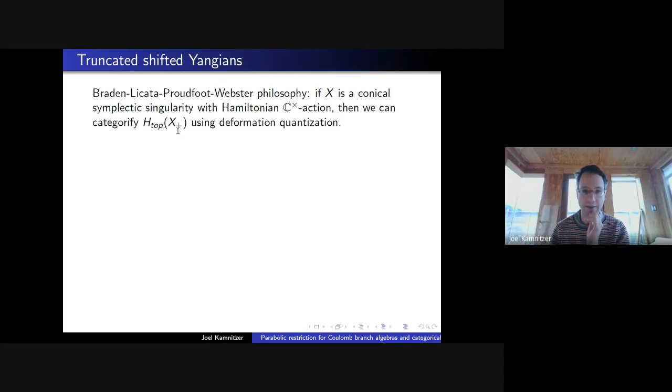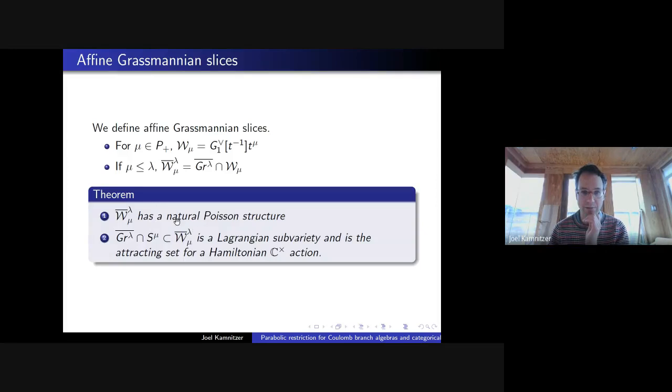Just like in our situation, X would be this W lambda mu, and X plus would be this Gur lambda bar intersect S mu, which is the one we're ultimately interested in. I should mention that this is a variety, but it's reducible, with many irreducible components called Mirkovic-Vilonen cycles, and they're responsible for the weight multiplicity inside that representation.